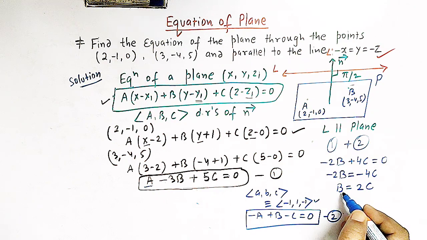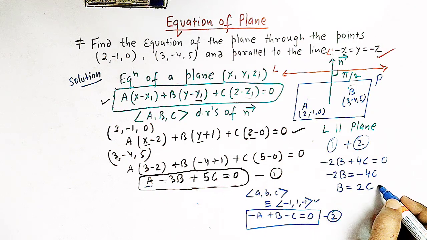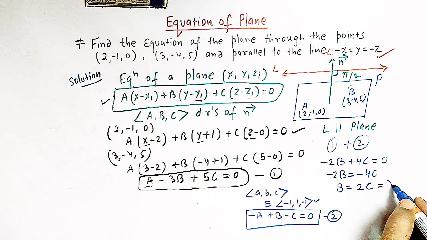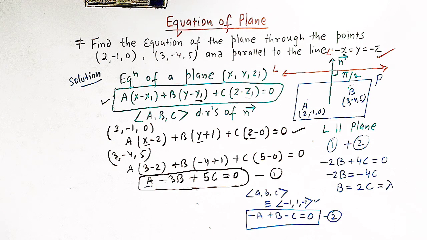So now we have b is equal to 2c, and we can take some scalar lambda, where lambda is not equal to 0 and lambda is a real number, right? So now we can express b and c in terms of lambda. So b is equal to lambda, and 2c is equal to lambda, so c is lambda over 2. Right, now we have b and c in terms of lambda.